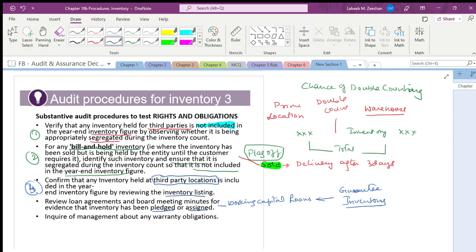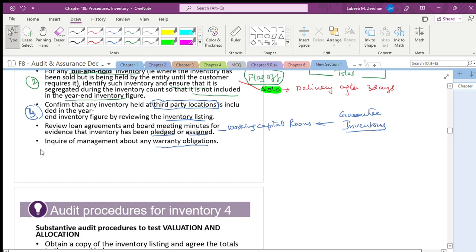Now it talks about inquiry with management: are any warranty obligations there? When you are talking about warranty, it may be for several years.